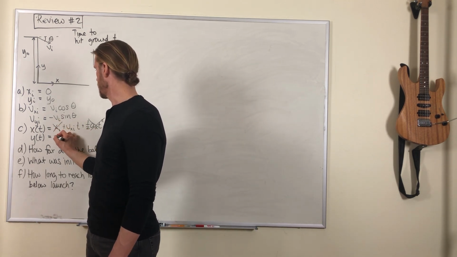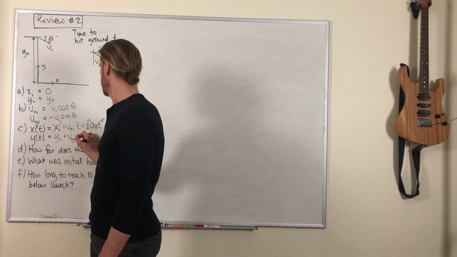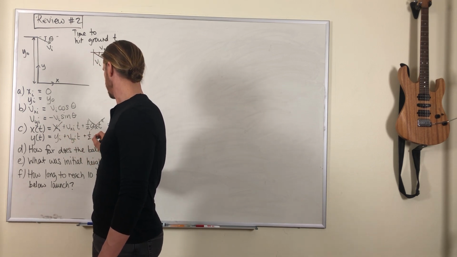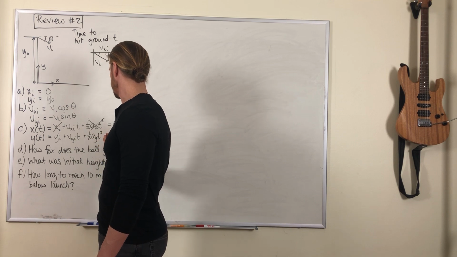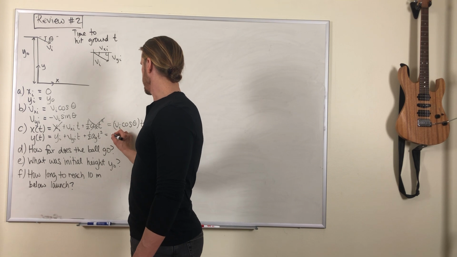And in the y direction, y initial plus V y initial t plus 1/2 ay t squared. That equals a bunch of stuff.